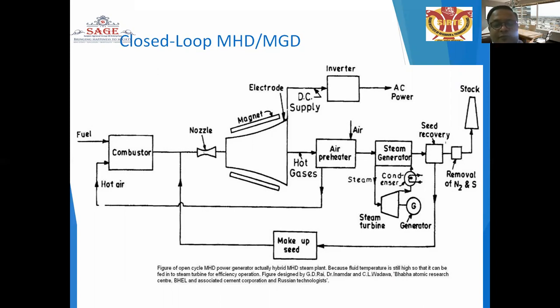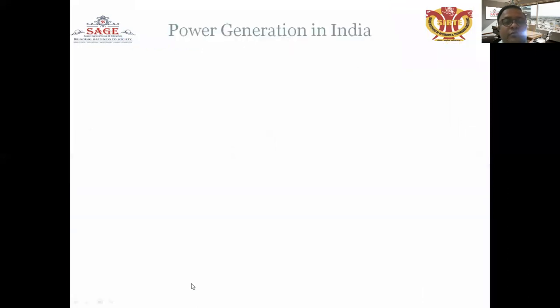The makeup seed is again used by the seed recovery, and oxygen is supplied into the combustion chamber by utilizing all the heat energy of the hot gases. The hot air passing through the combustion chamber is combined with the fuel.